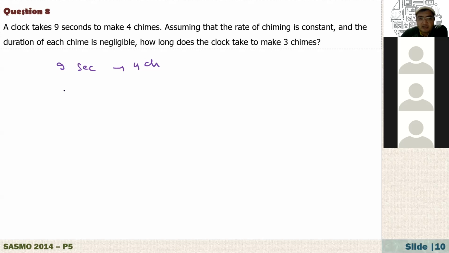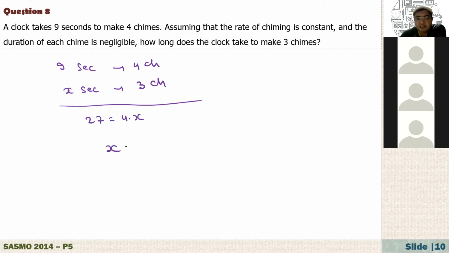I don't know how long it takes to make 3 chimes, so again, it's a rate problem. Cross multiply: 3 times 9 is 27, and 4 times x is 4x. So x equals 27 over 4, which is 6 and 3 over 4 seconds, which is 6.75 seconds. Okay, very good.